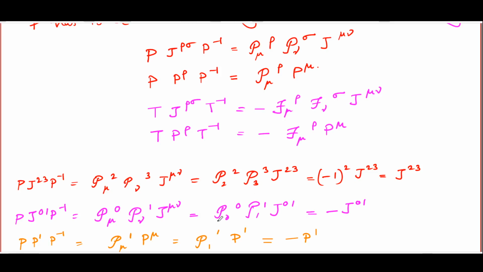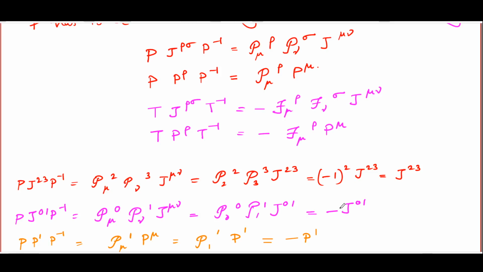But now you have a plus 1 from curly P 00 and a minus 1 from curly P11. That is, an overall minus sign comes about. That will happen whenever you have one temporal and one spatial index. You will get exactly two non-zero curly P elements, but one of them, the 0,0 element, will be plus 1. The other element, the purely spatial diagonal element, will be minus 1. So you will have a change of sign.